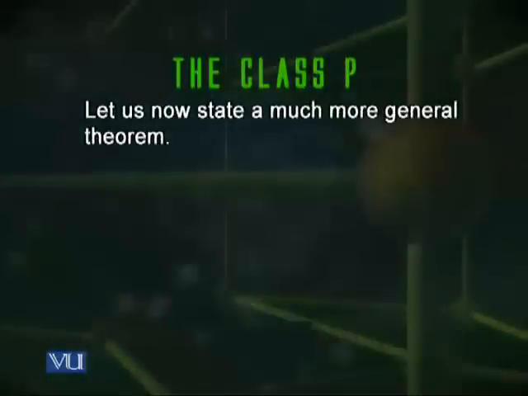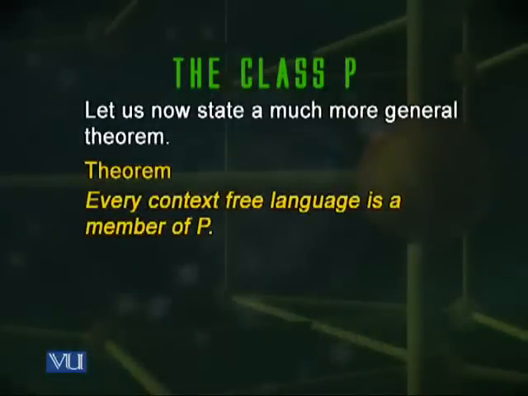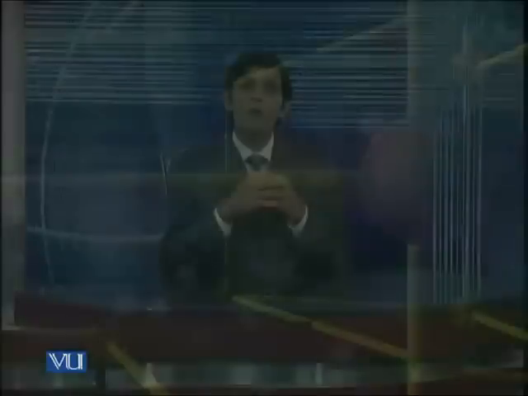We will also state a much more general theorem, and this theorem says that every context-free language is in P. So if you have a context-free language, that language can be decided in polynomial time. In order to prove this theorem, we would have to review what we had learned already about context-free languages, which you learned in your automata course.